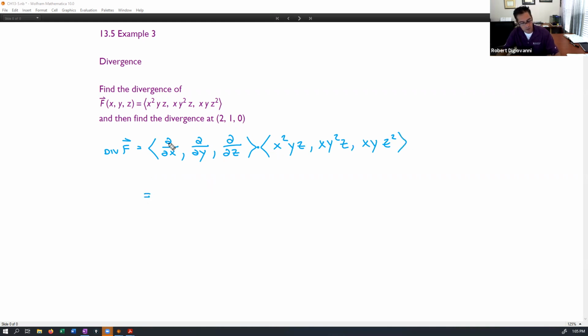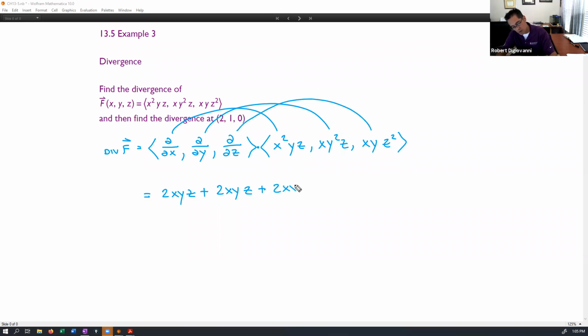So when we do this, we're taking the partial of this with respect to X, which is just 2xyz. And then the partial of this with respect to Y, which gives us 2xyz again. And notice we're adding in between these. And then the partial of that with respect to Z, and we get 2xyz. Add all those together, we get 6xyz.